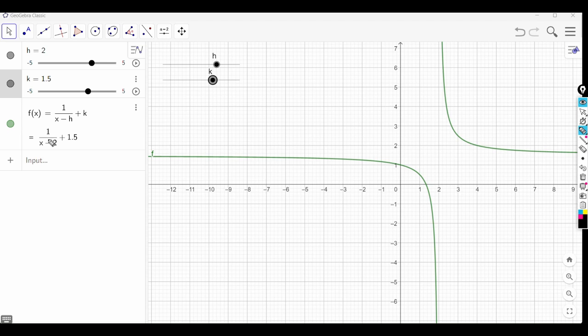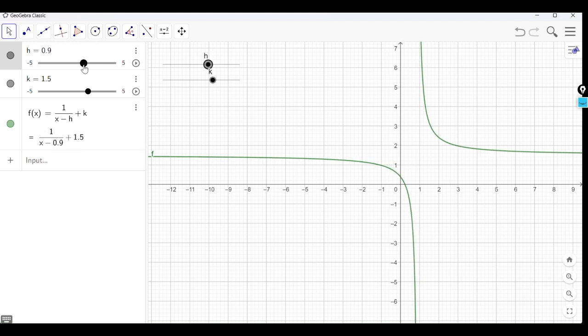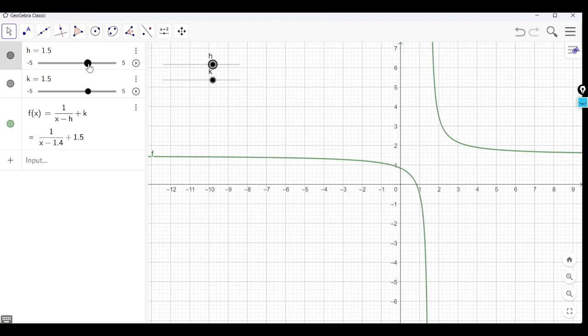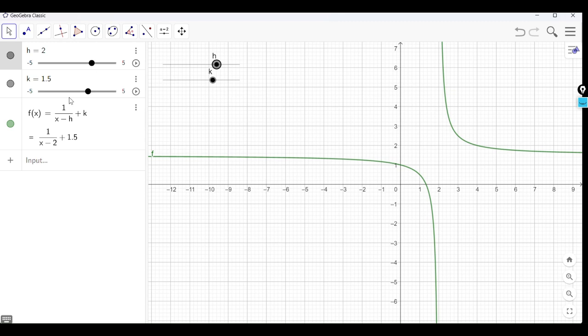So x minus 2 is actually shifted 2 to the right from when h was 0. So when h is 0, there we go, that's back in the center where we started. And when I change h up to 2, you can see it got shifted to the right, and I'm subtracting the 2 in that function there.